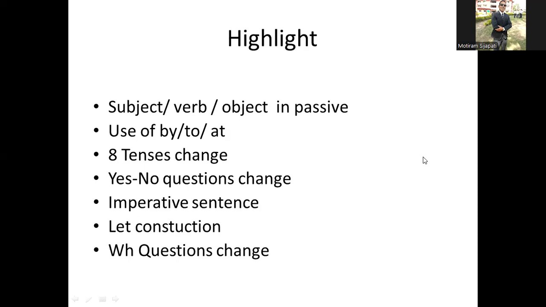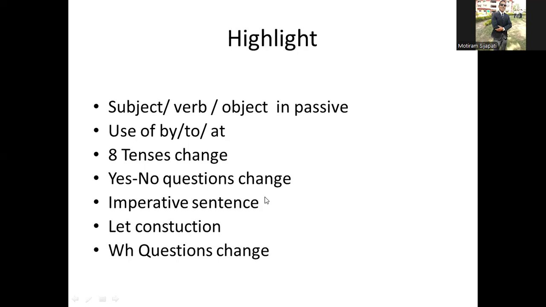So let's talk about the first topic, subject, verb, and object in passive voice. If we talk about the subject in passive voice, the object of the sentence acts as the subject here.